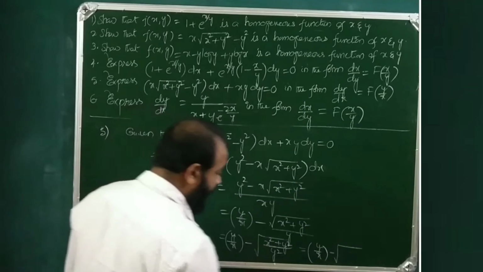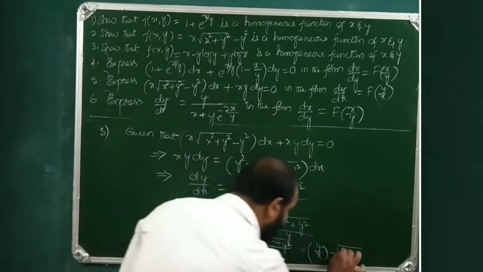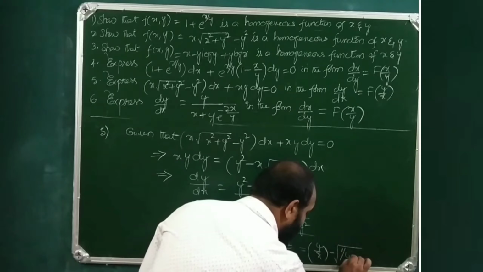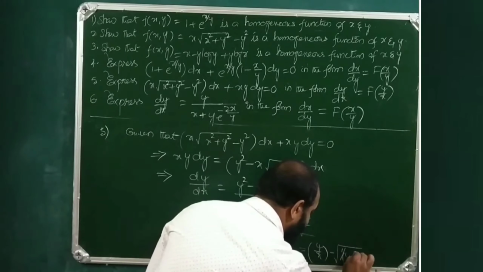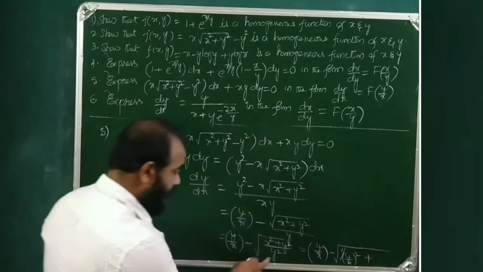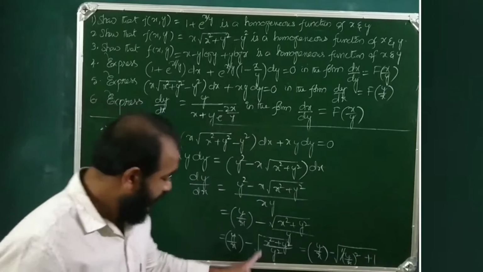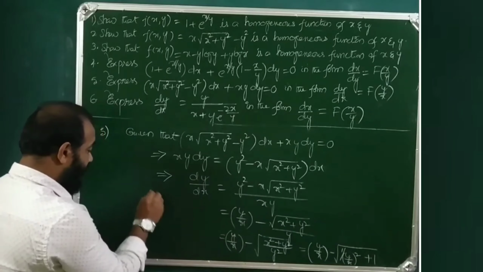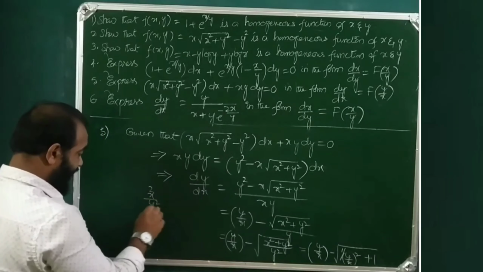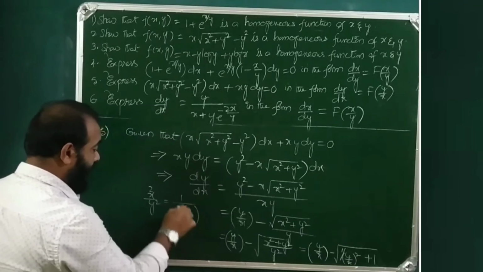X square by y square can be written as 1 by y square by x square, or 1 by (y by x) whole square, plus this y square by y square is 1. So if you see here, again I am telling you, this x square by y square can be written as 1 by y square by x square.